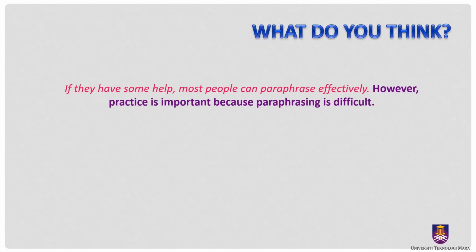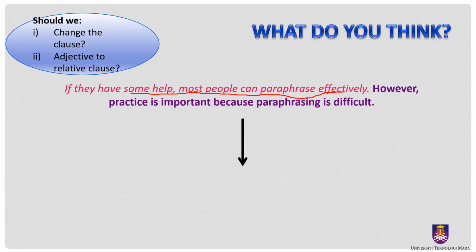So next is you can change the clause of the sentences. For example, if they have some help, most people can paraphrase effectively. However, practice is important because paraphrasing is difficult. Okay, so should we change the clause or should we change the adjective to relative clause?